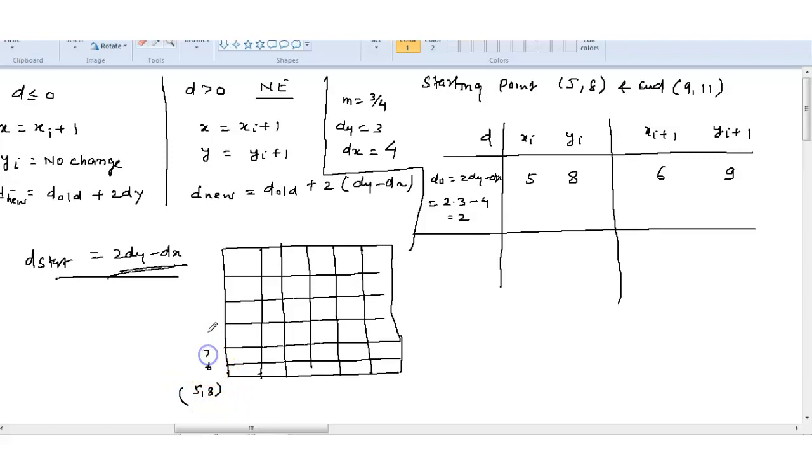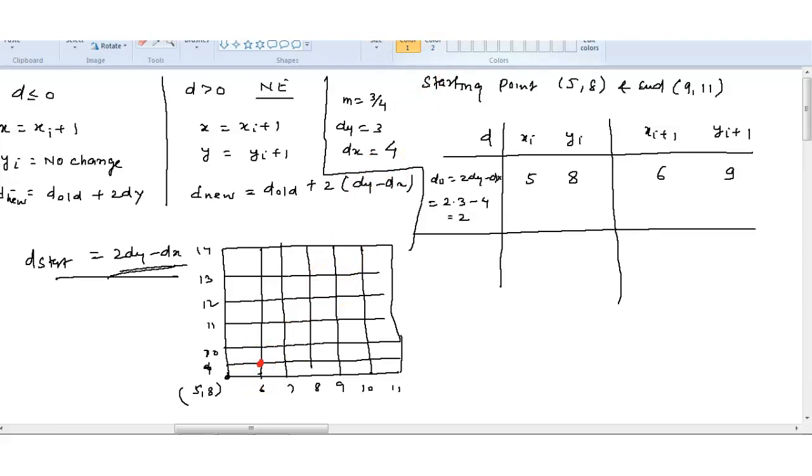This is 6, 7, 8, 9, 10, 11, and this is 9, 10, 11, 12 and so on, 13. So the first coordinate is 5 and 8, this one. Now the next we got is 6 and 9, so 6 and 9 will look like this. This coordinate.